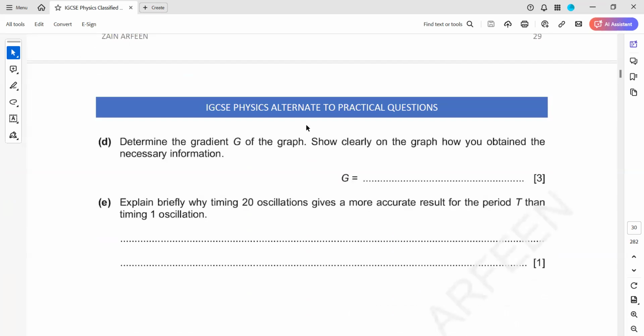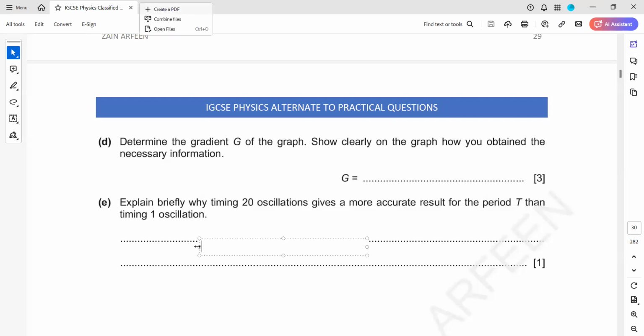Explain why timing 20 oscillations gives a more accurate result than timing one oscillation. So what is the advantage? Look, for one oscillation the time will be very short and we will have a greater uncertainty as we are recording a very short interval. It also minimizes the reaction time error.